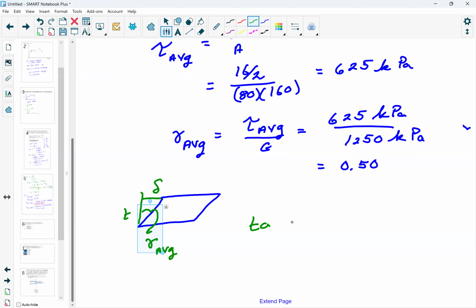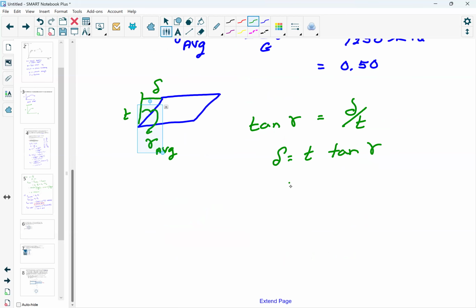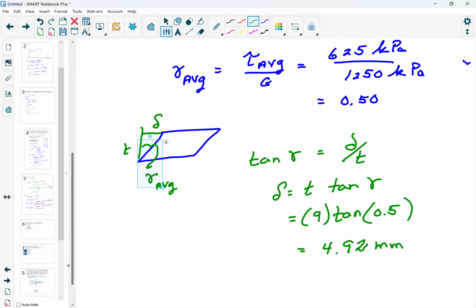Tangent of gamma is then delta divided by my thickness, or delta equals thickness times tangent of gamma. So that's going to be 9 times tangent of 0.5, which is unitless, so you want your calculator in radians. That gives 4.92 millimeters.